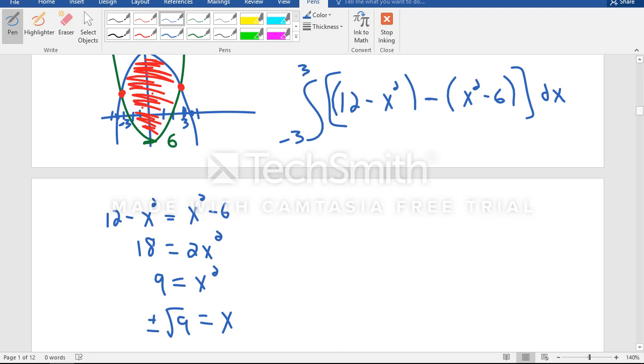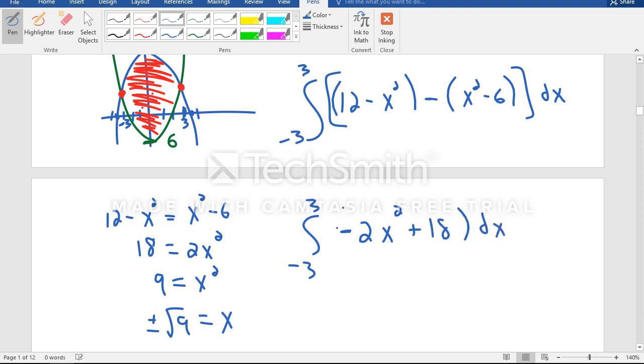All right, that technically should be the new concept for you in this conversation. Evaluating this integral is something we've done before, but let's work through it for some practice. I would distribute the negative here, and negative x squared minus x squared is minus 2x squared. Then distributing the negative here, I get a plus 6. 12 plus 6 is positive 18.